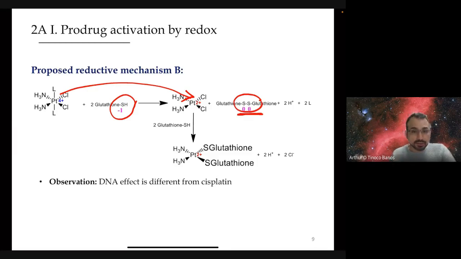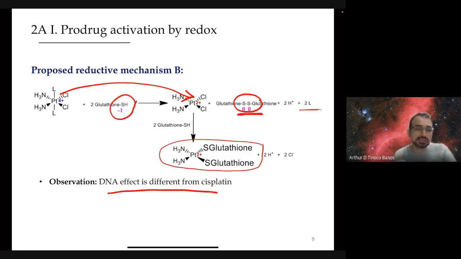And so another thing that can happen, so you get the release of two ligands, is, as we've mentioned previously, that the platinum 2 center can actually be coordinated by the thiol groups of glutathione, forming this type of compound. And that, as we've talked about before, can have a debilitating effect on the effectiveness of the actual platinum center in terms of affecting cells. So what's observed via this type of reduction process is that the DNA effect appears to be different from cisplatin.